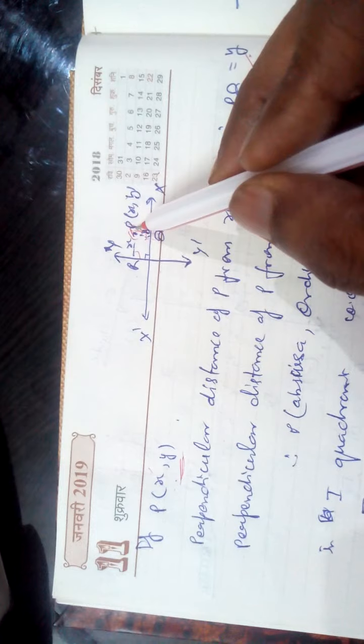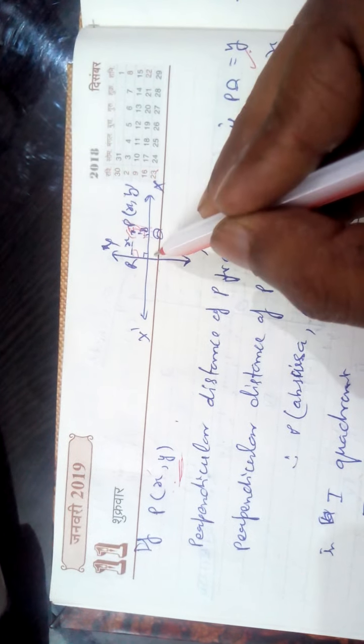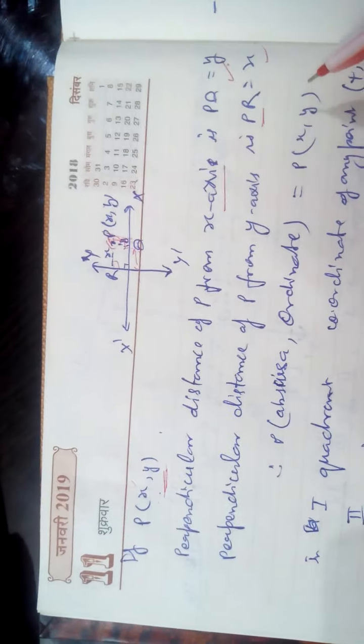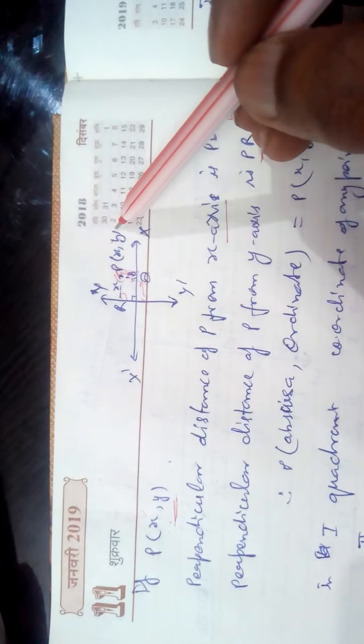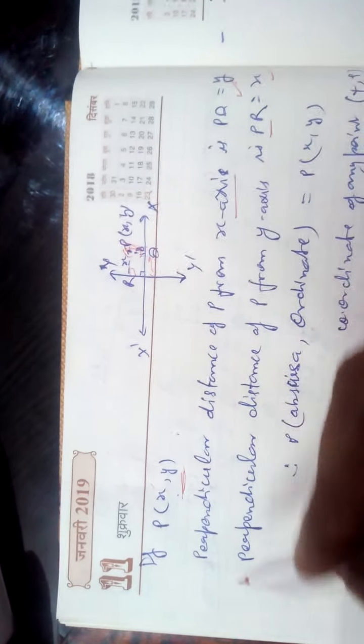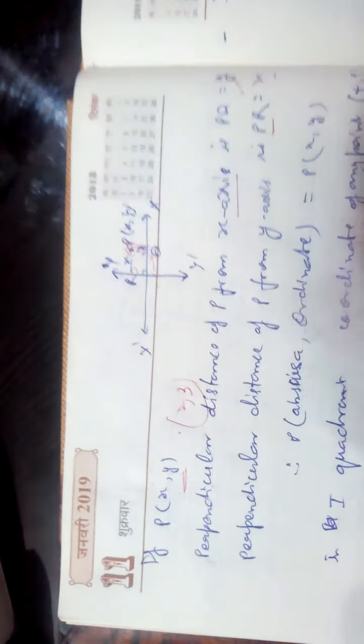Perpendicular distance of P from the y-axis is PR, and PR is a side of a rectangle, so it will be the value of x. So the distance of a point from the x-axis is the value of y, and from the y-axis the value of x. Suppose the point is given as 2, 3.